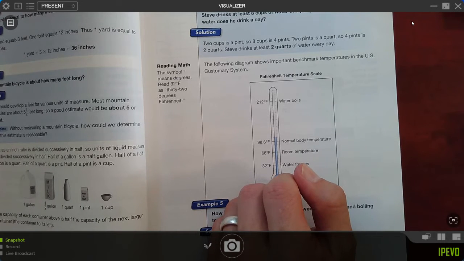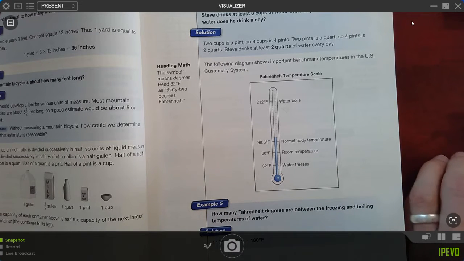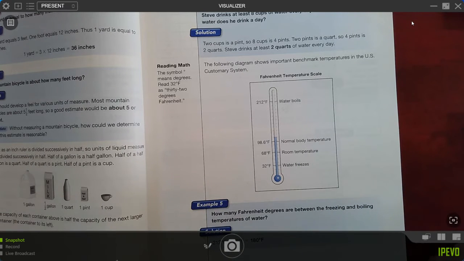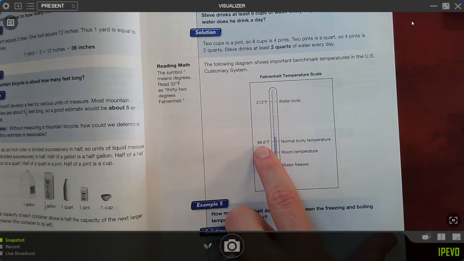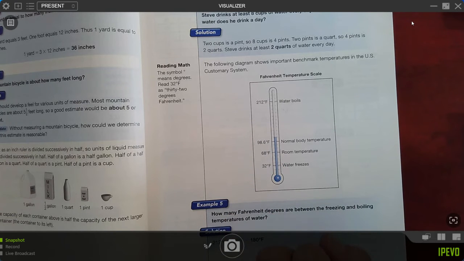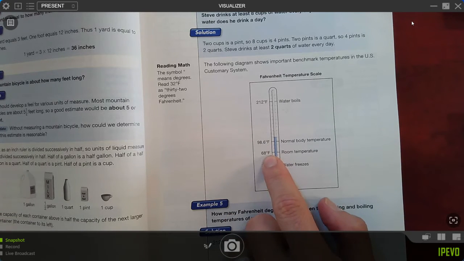So the Fahrenheit's a little bit of a messed up system. Celsius is based on when water freezes. So 0 is water freezing, as opposed to 32. So this Fahrenheit system was supposed to be based off of body temperature, with 100 being our temperature. Of course, they kind of messed that up. 68 to 71 is room temperature, depending on how you keep your room.